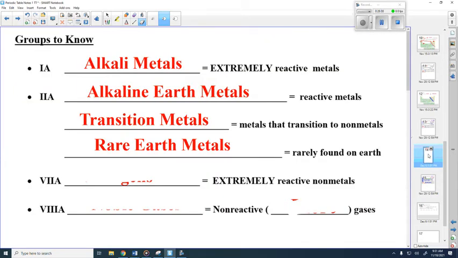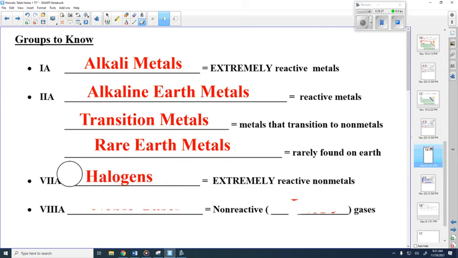Now, group 7A, that's that second to last column on the right-hand side. Those are extremely reactive nonmetals. So those are your fluorines, your chlorines, your iodines, bromines, all that stuff. We'll get to see this more during this unit, but fluorine is kind of considered the bully on the periodic table, in my mind. It's a real bully. It's a little rough with other elements, if you will.